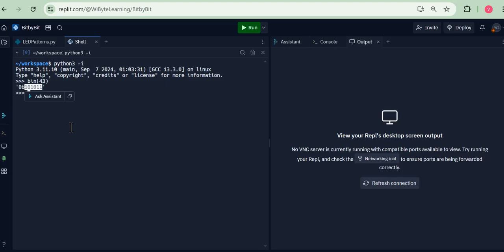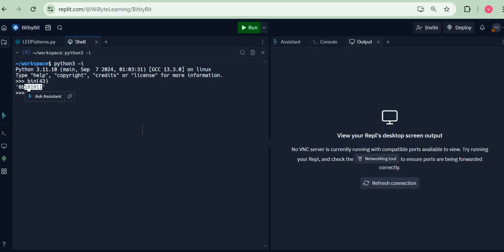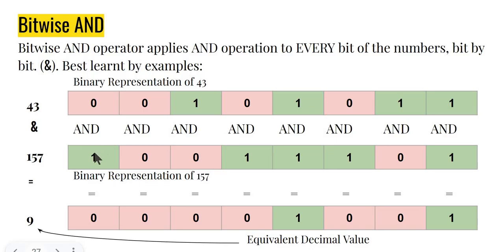So that's why I put 00101011, and you notice that's what we have here. Again, for 157, if I were to do bin of 157, that is 1001 1101.